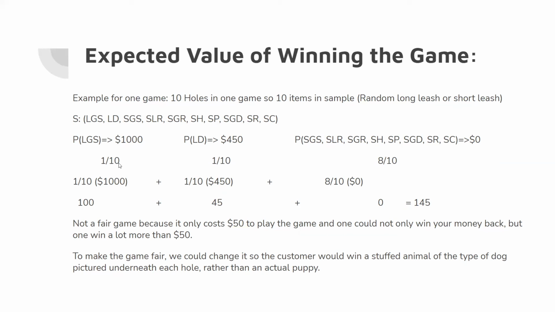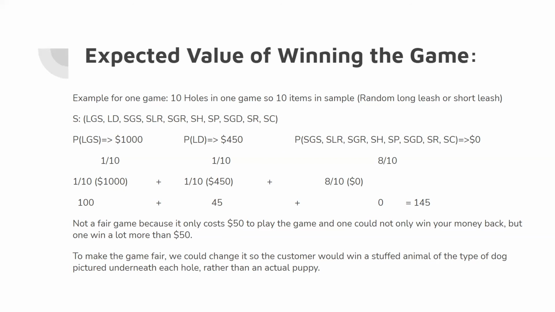The probabilities are 1 out of 10, 1 out of 10, and 8 out of 10. Then when you multiply each probability by how much they cost, you get 100 plus 45 plus 0 equals 145.